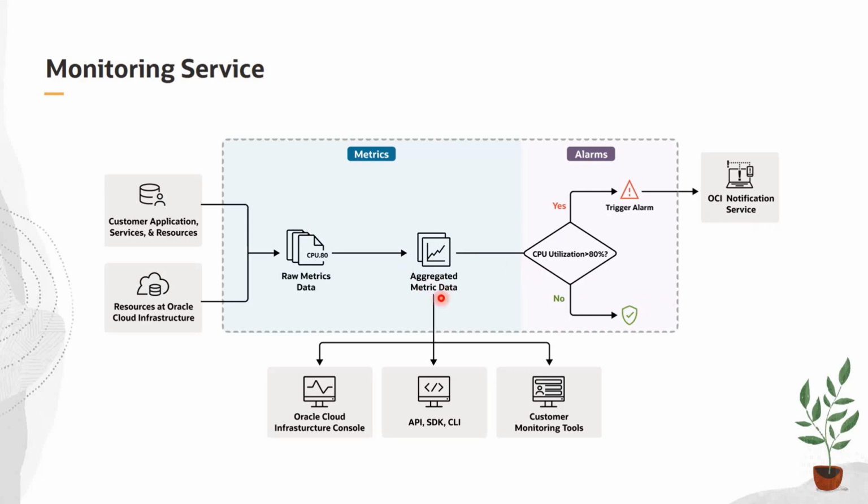Lastly, when you query a metric, the monitoring service returns aggregated data according to the parameters you specify, and it is accessible using the console, the CLI, and the API.